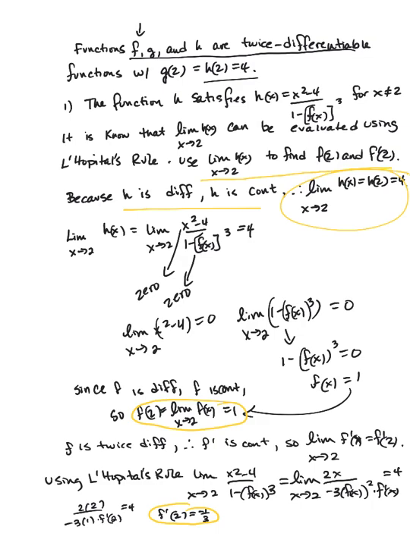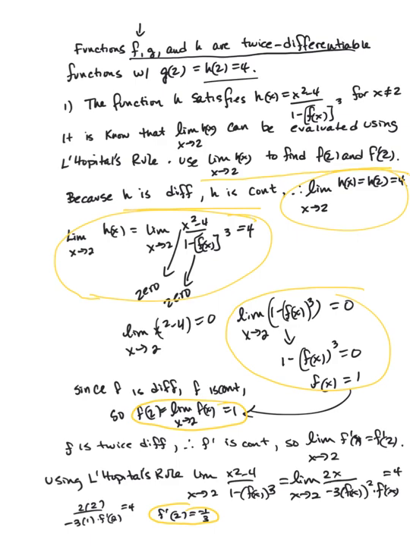Then using L'Hopital's rule along with continuity, okay? And then setting the denominator equal to 0, because you're using L'Hopital's rule. So it's not easy by any means.